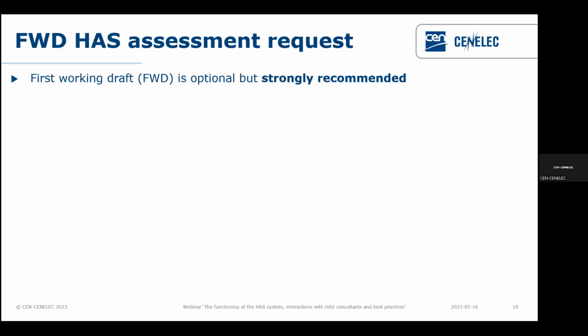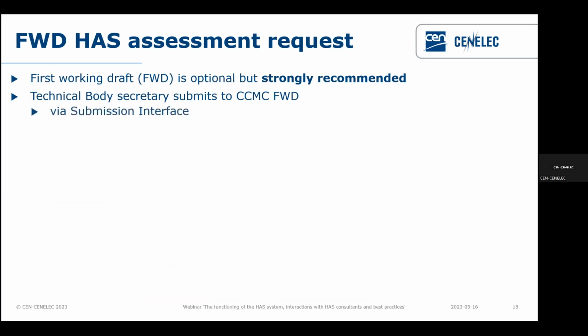Let's now see practically how to request a first working draft assessment. As said before, it is highly recommended to go for a first working draft assessment. The technical body should submit the first working draft to CCMC through the submission interface.